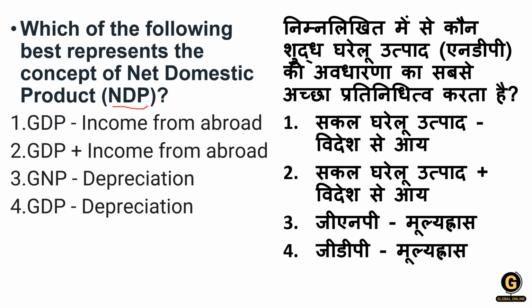Then the second option is GDP plus income from abroad. The next option is GNP minus depreciation, which gives NNP, that is net national product. And option 4, GDP minus depreciation. That's the correct answer of this question. Option 4, GDP minus depreciation means NDP, net domestic product.